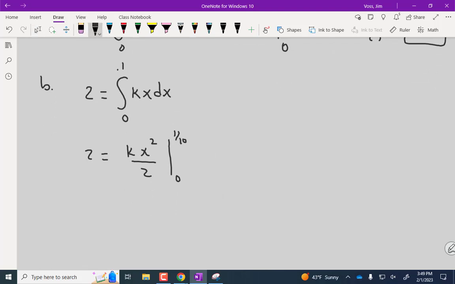If we multiply both sides by 2, we'll have 4 on the left equals k times x squared. That's going to be 1 over 10 squared, so that's 1/100th. So the k value here is going to be 400.